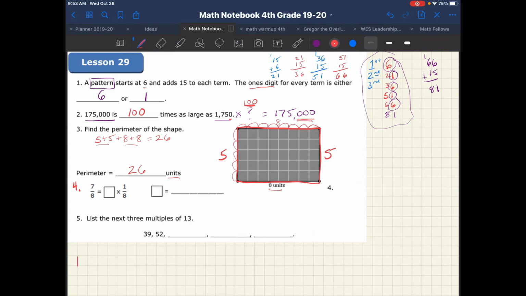I'm going to make a rectangle that is 8 blocks long. 1, 2, 3, 4, 5, 6, 7, 8. So 8 blocks long. And we want to shade in 1/8, 2/8, 3/8, 4/8, 5/8, 6/8, 7/8. There's 7/8 of my block.